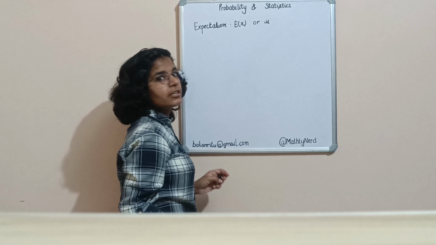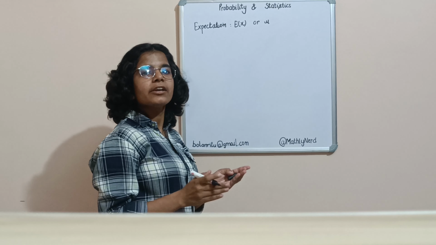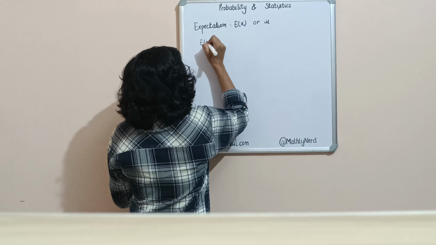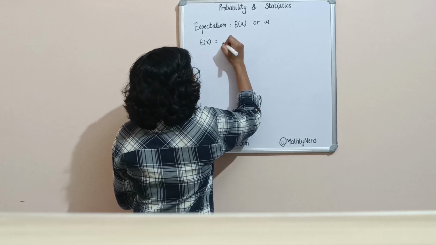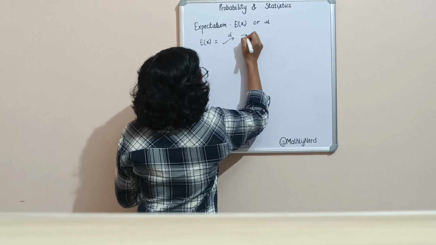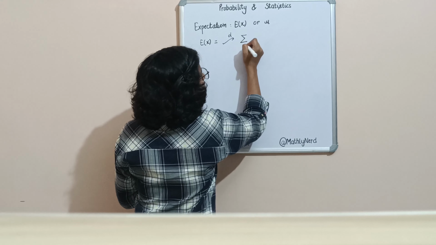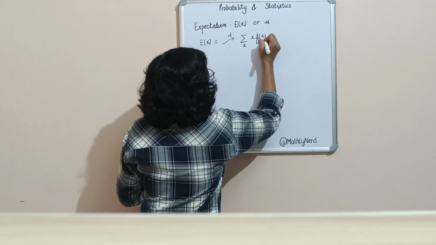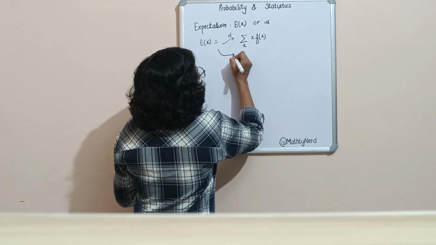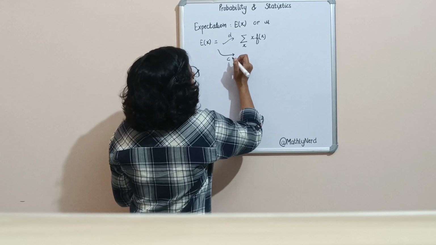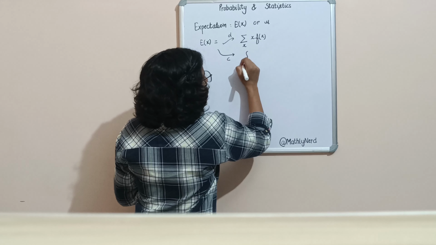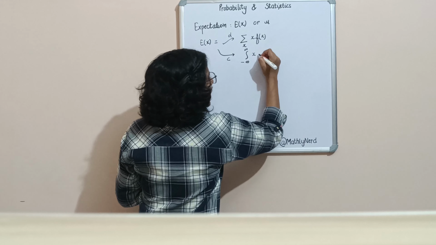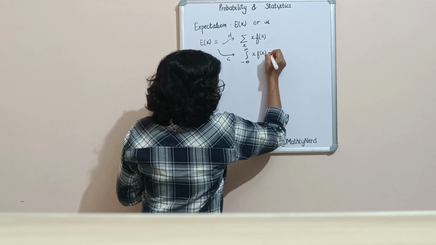We can define it for both discrete and continuous random variables. For a discrete random variable, it equals summation over x of x times f of x. And for a continuous random variable, it equals integration from minus infinity to infinity of x times f of x dx.